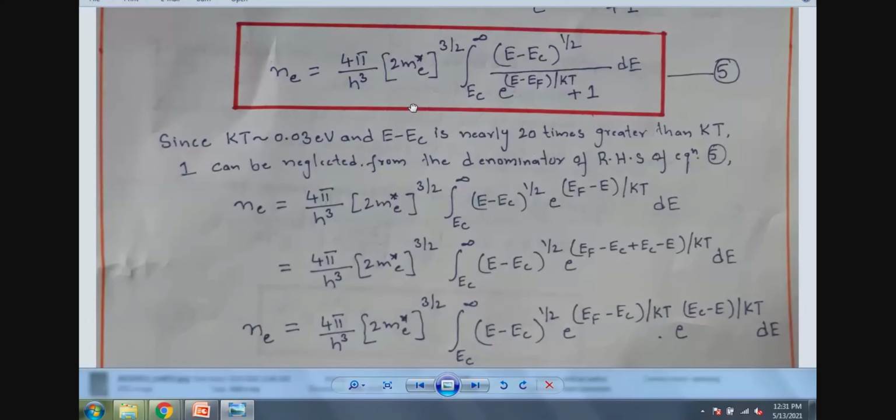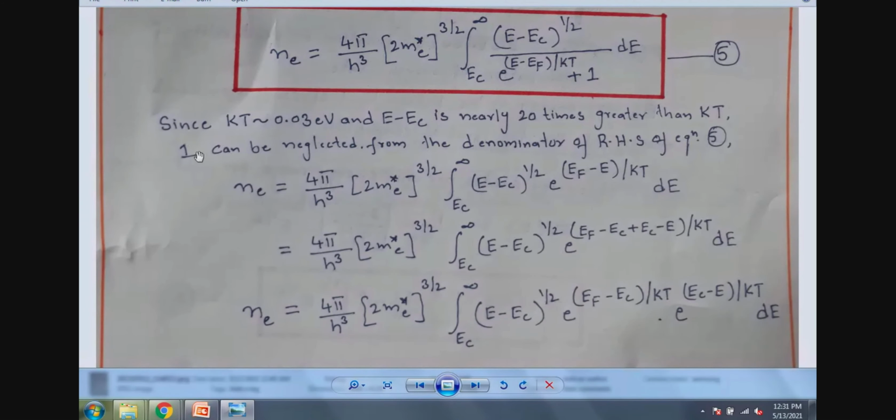Now applying some conditions here. Since KT is approximately 0.03 electron volts, E minus EC is very nearly 20 times greater than KT. So the 1 can be neglected from the denominator on the right-hand side of equation 5, because E minus EC is much greater than KT.